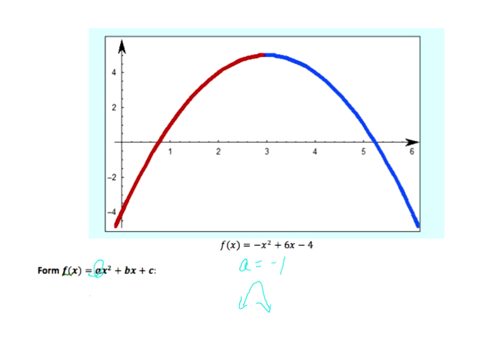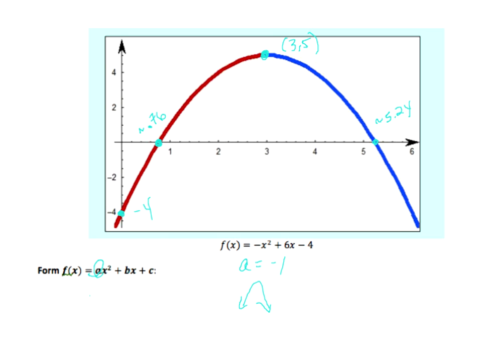But I will point out, if you notice, this is the same graph we were just looking at. Look, the vertex is the point (3, 5). We have x-intercepts of approximately 0.76 and approximately 5.24, and I have a y-intercept of negative 4.